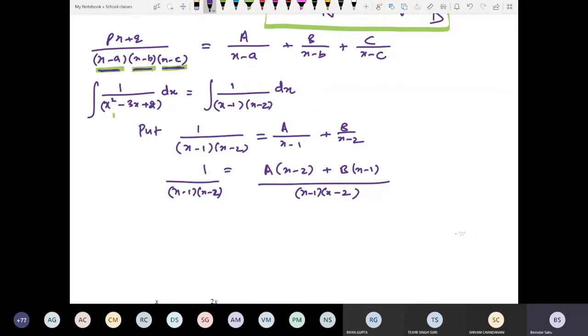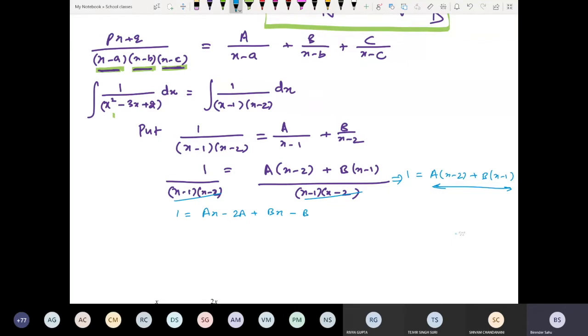Simplify it. This will be cancelled. So what we are left with is 1 equals a times x minus 2 plus b times x minus 1. Now just expand it. 1 equals ax minus 2a plus bx minus b.